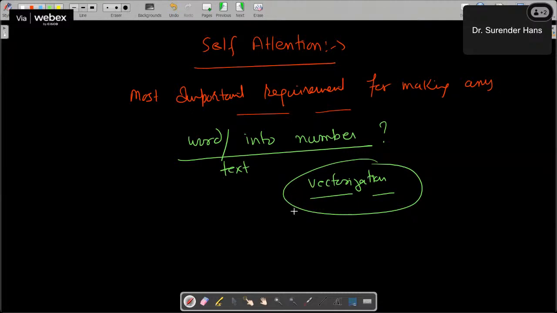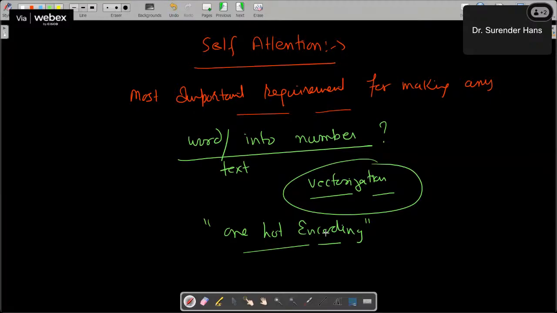So the first technique is one hot encoding, which I already explained. You all know very well how to convert text into a vector, or a set of numbers, through one hot encoding. But this one hot encoding is insufficient, it is not that good.